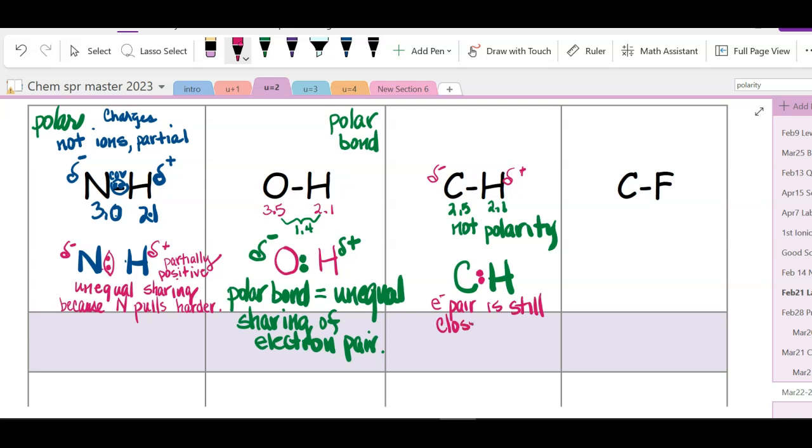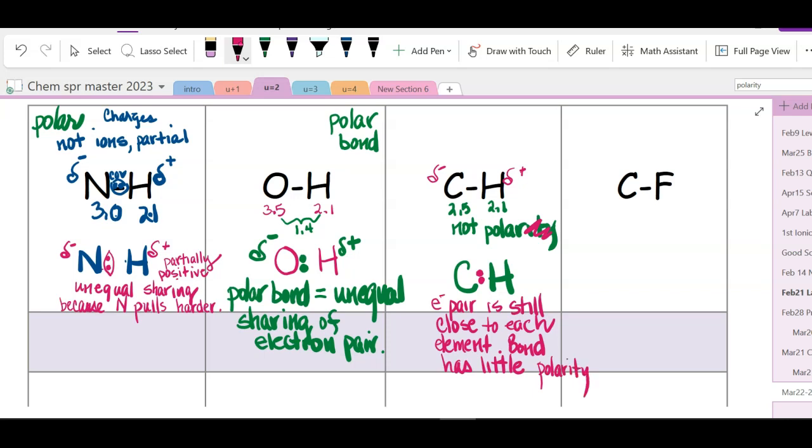Close to each atom. So that's why we say it's not very polar. Not polar, I should put. Close to each other, to each element. So the bond has little polarity. This covalent bond has little. You could tell there is some, right? So we would call it little polarity.